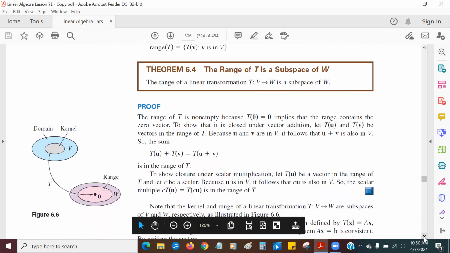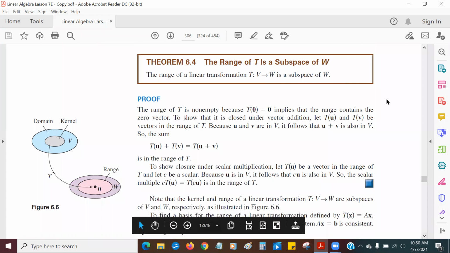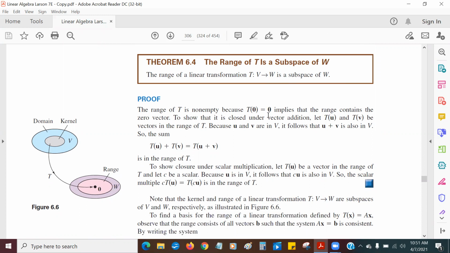First of all, we know that the range is non-empty because we know that T of 0 is equal to 0. So we know at the very least the range contains a zero vector. Now we just have to show that it is closed under addition and scalar multiplication. That is not hard at all, and that's going to come, as I say, from the linearity.